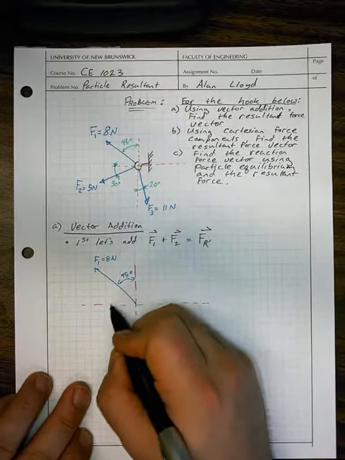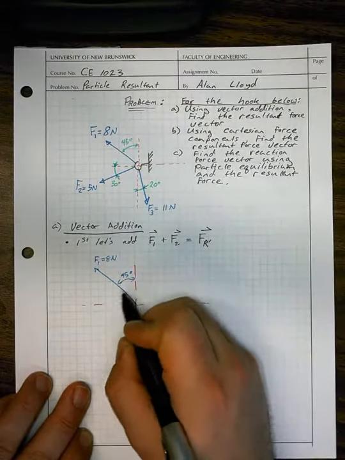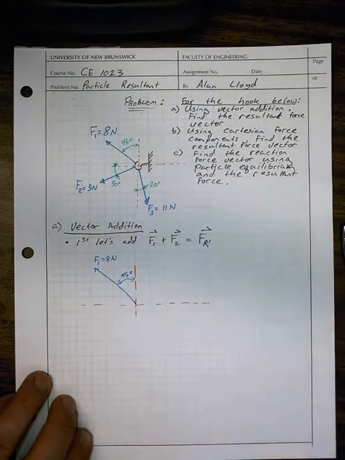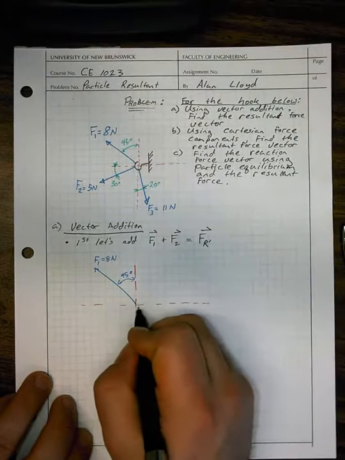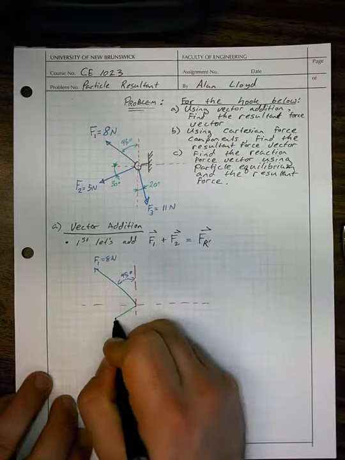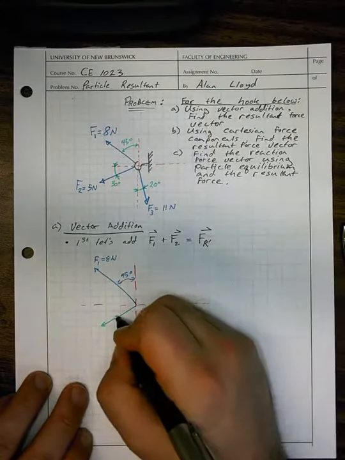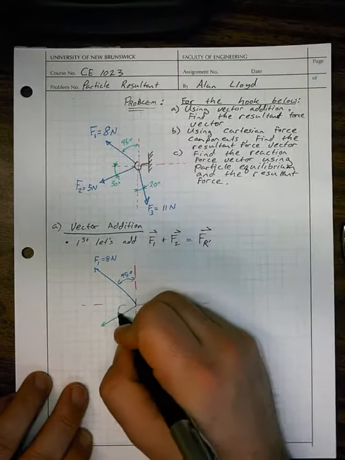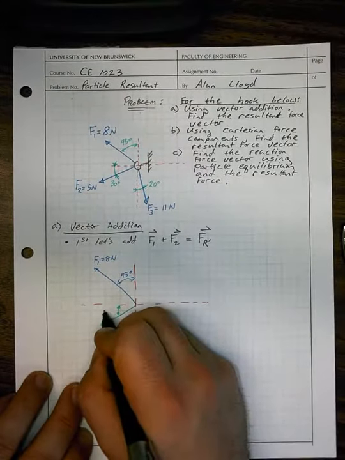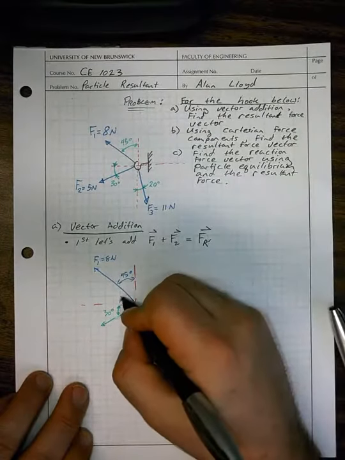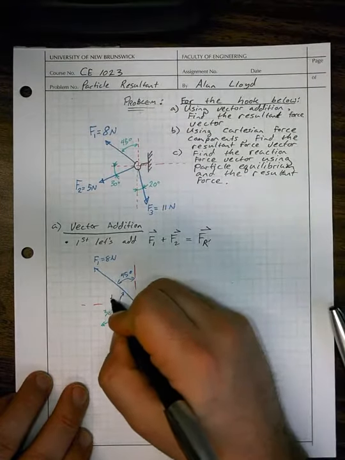Now this angle here will be 90 minus 45, which is 45 degrees as well. To that we can draw in force 2. And this one is 5 newtons. And the angle between the horizontal and the vector is 30 degrees. So we already said that this is 45 degrees.